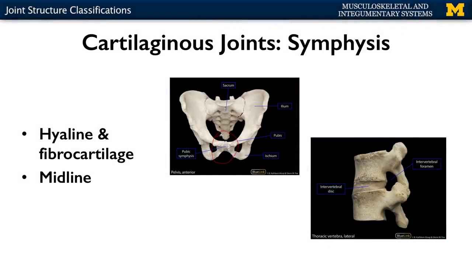The other main type of symphysis are actually in these intervertebral discs, or those cartilaginous portions between the bodies of your vertebrae. Okay? And if you think about it, you can move your vertebral column. It's because of these joints right here in the midline. All right, so those are the fibrous and cartilaginous joints.